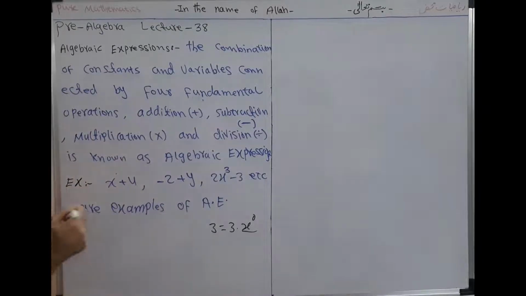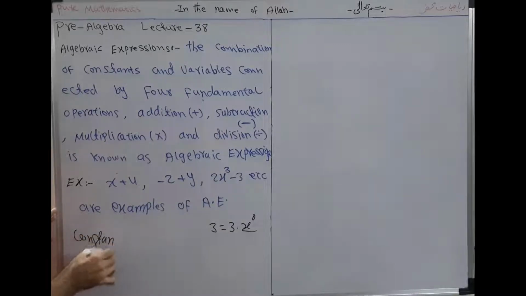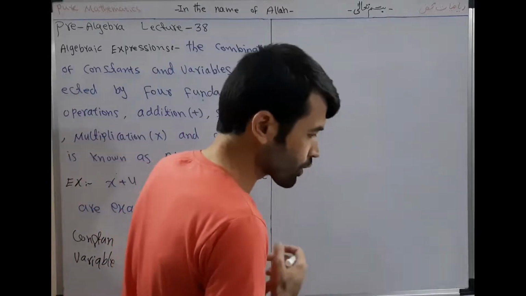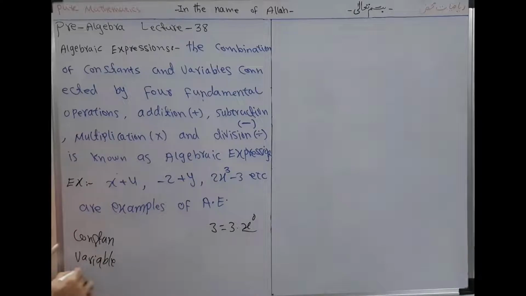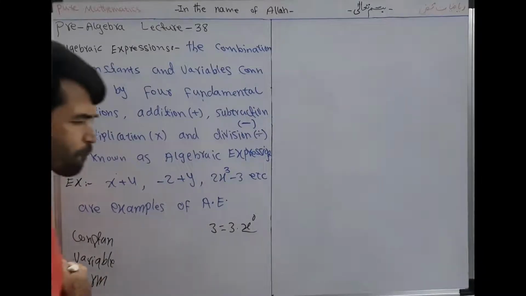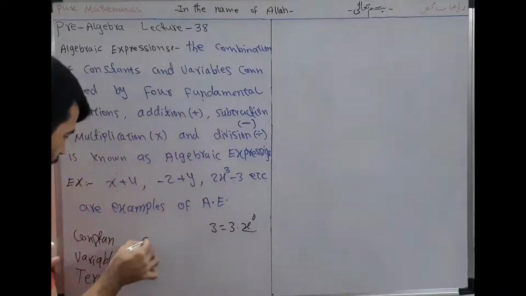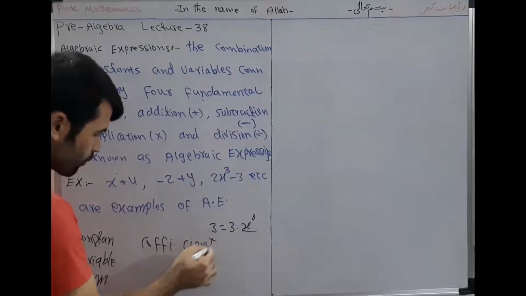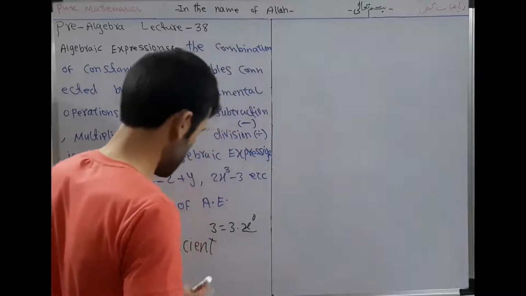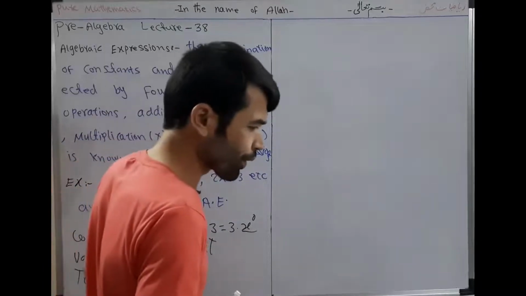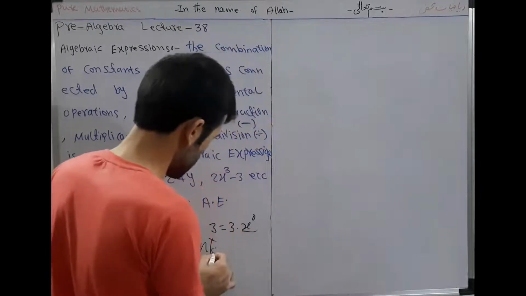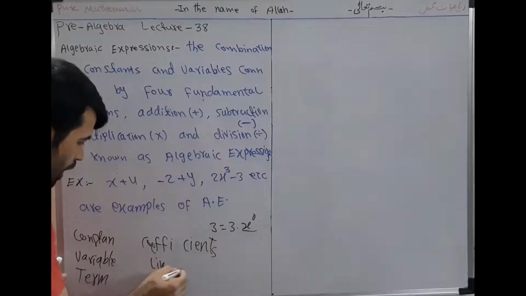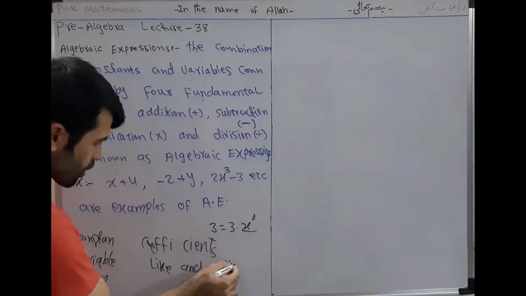They are constant, variable, terms of algebraic expression, coefficient, and like and unlike terms.